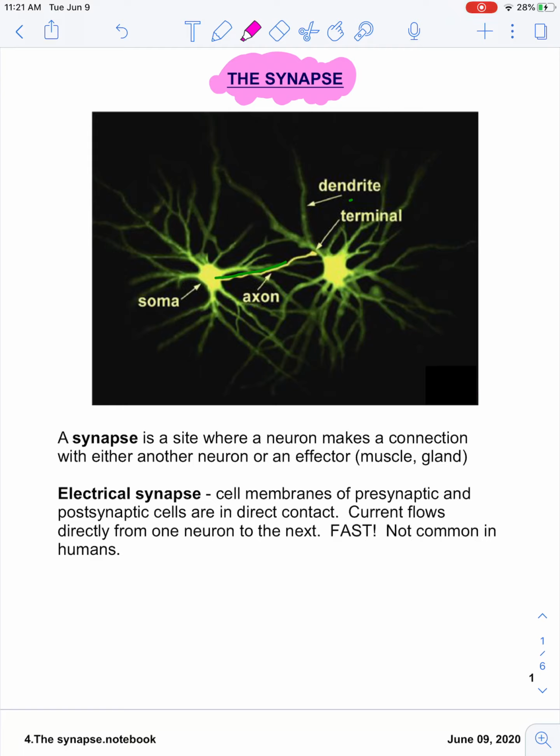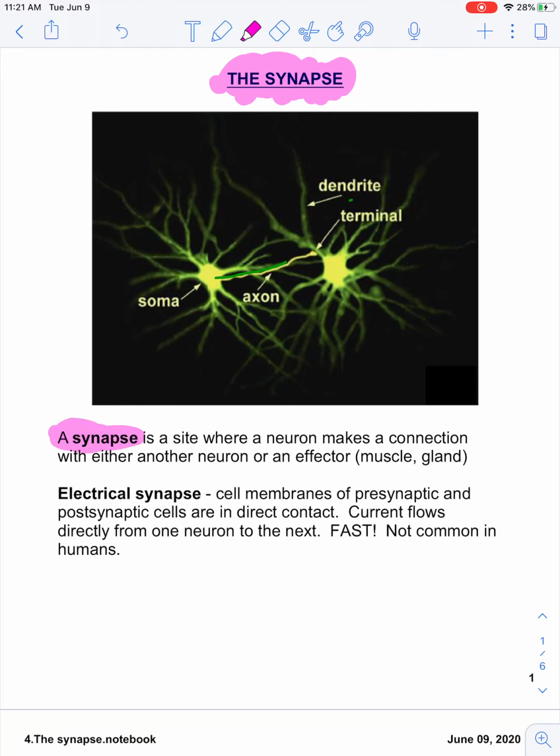The endpoints of all these pathways are where our memories are stored, our behaviors, our thoughts, all these things are pathways through our brain. And being able to form them and maintain them is really important.